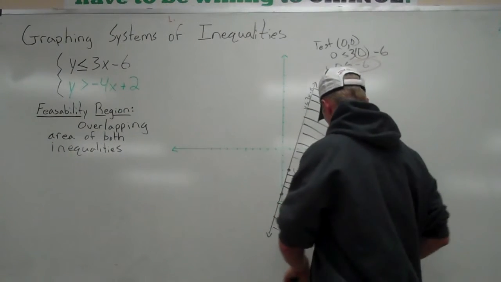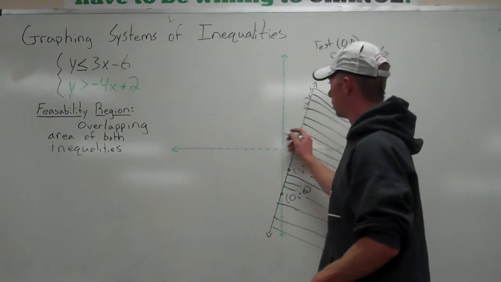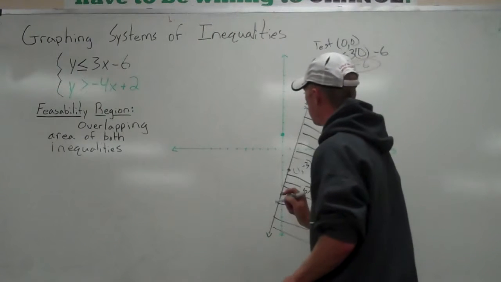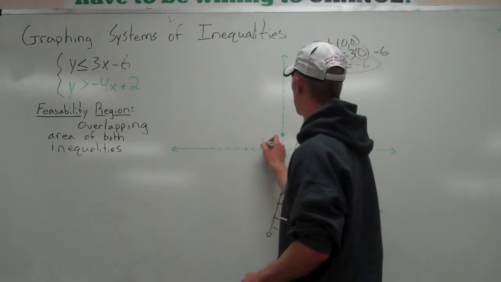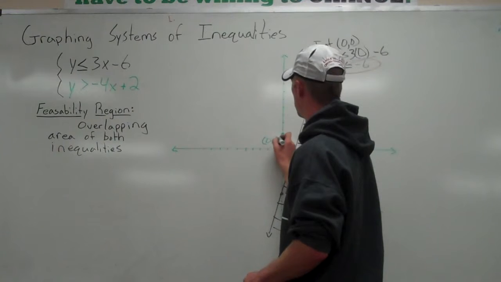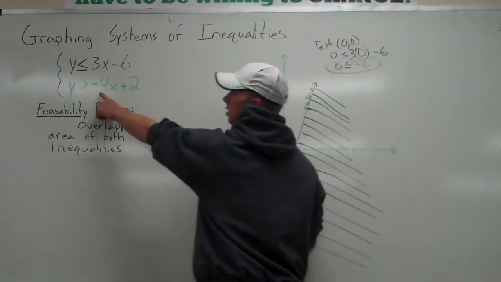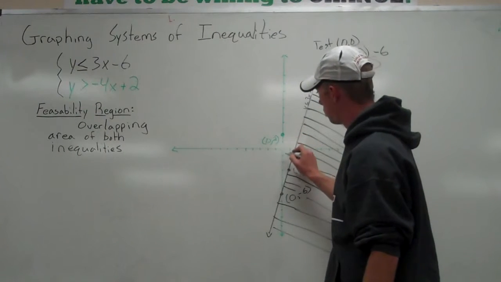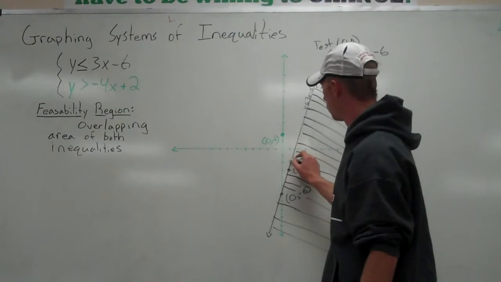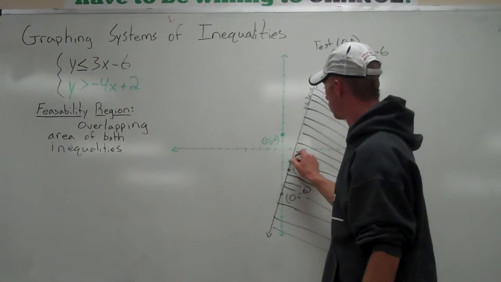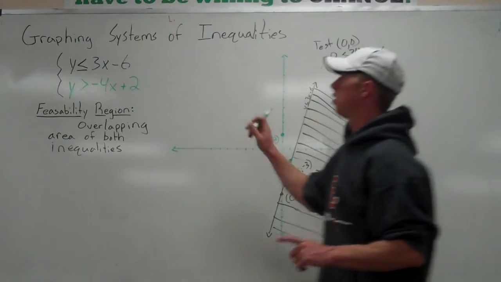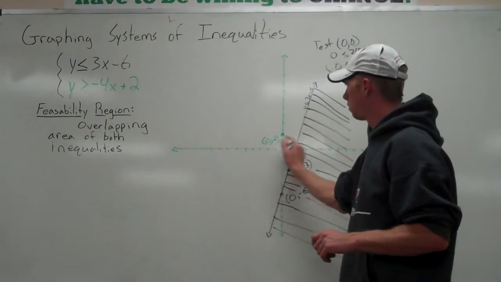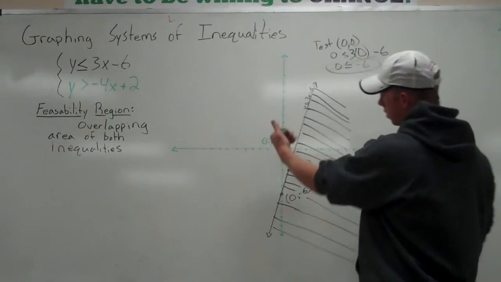We're going to say where our y-intercept is at, 0, 2. I'll put my dot there. I'll say that is 0, 2. I know my slope is negative 4 over 1. So I go down 1, 2, 3, 4, and over 1. Now it's important to remember that when you have a negative slope, you don't want to go down and left, you always want to go to the right.